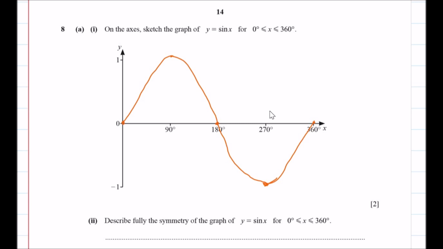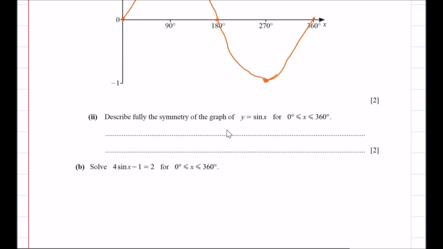Describe fully the symmetry of the graph of y equal to sine x for x between 0 and 360. So see, if you observe this, we have rotational symmetry of order 2, center 180, 0. If we rotate this, we'll get the same shape twice, if you rotate by 360 degrees. So how to write that answer?